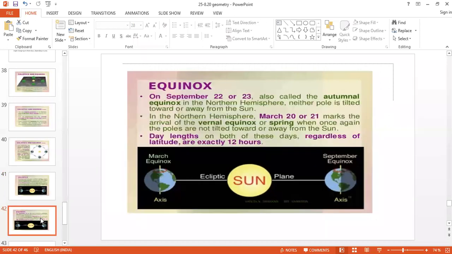March 20 or 21 is the vernal equinox, or spring season, and the day lengths are exactly 12 hours. So at the March equinox the daytime is larger compared to the September equinox. In the September equinox, the night time is larger.